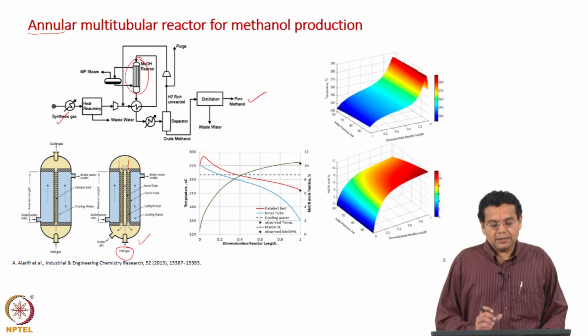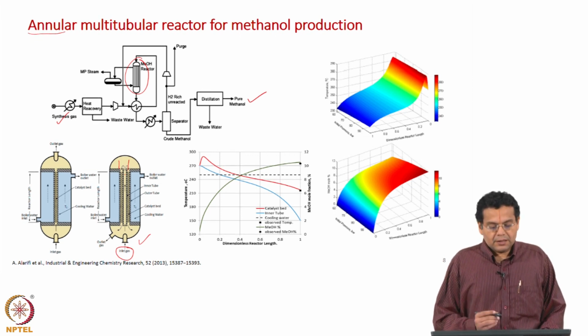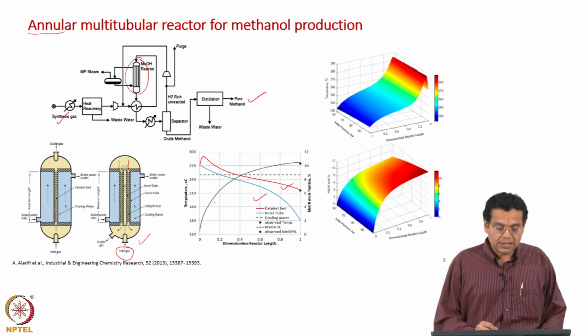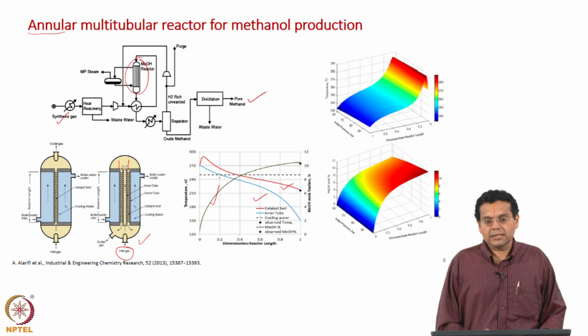We solve the energy balance and species balance equations, and in this study the equations have been solved, and the temperature profile in the tube side, in the annular region where you have the catalyst bed, has been predicted, and we can also predict the concentration of methanol along the length of the reactor.